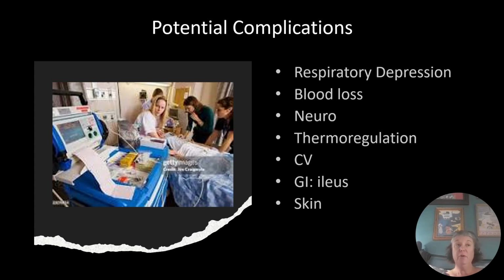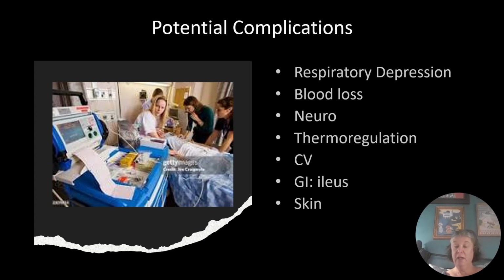You know, people who can't clear the anesthetic from their system as efficiently as we would like, sometimes you end up with residual neuro complications related to the use of that anesthesia. So we worry about that.